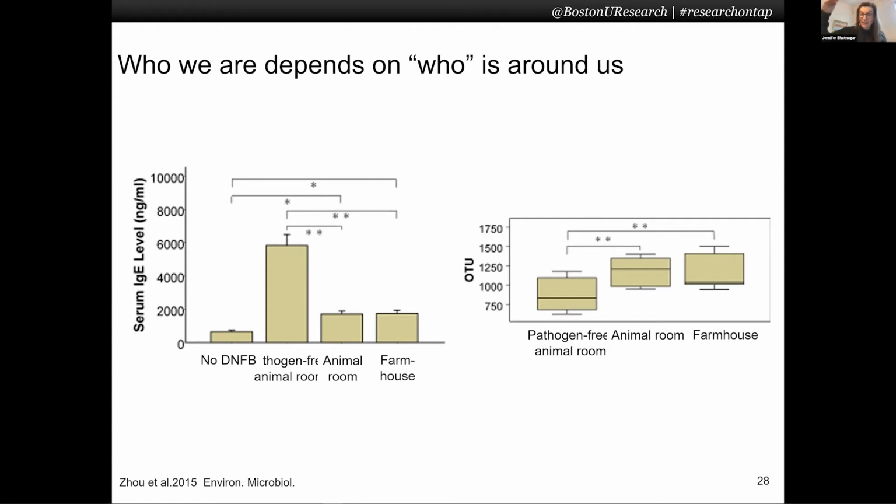You'll see this gut diversity increasing. And then when you take these little mice and you treat them with a molecule to stimulate allergic reaction, only the mice that have these diverse gut microbiomes can suppress that allergic response.